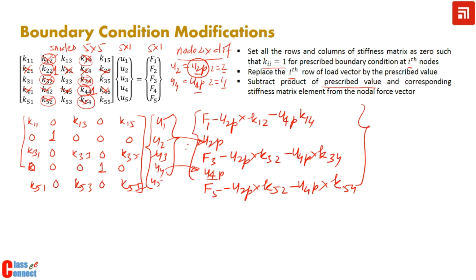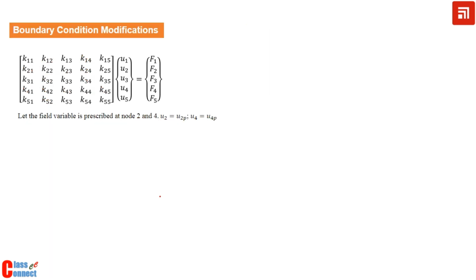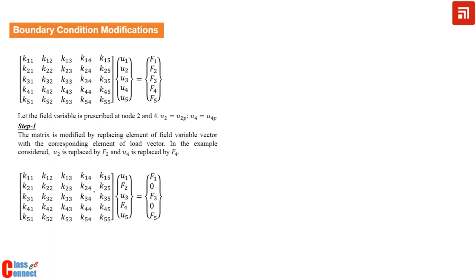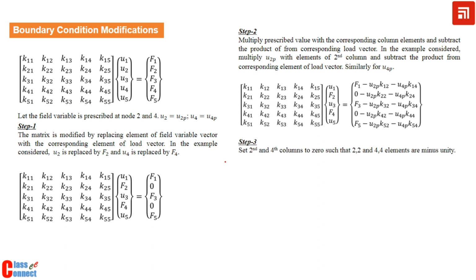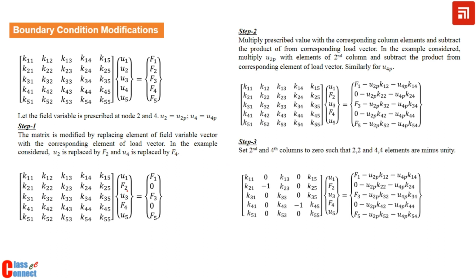So in this type of boundary condition modification, we get only the displacement, or the nodal vector, but we need the reactions wherever we have specified these boundary conditions. So for that we have another way of modifying the boundary condition, which is slightly different. In this case we modify in such a way that F2 replaces U2 where the boundary conditions are specified.